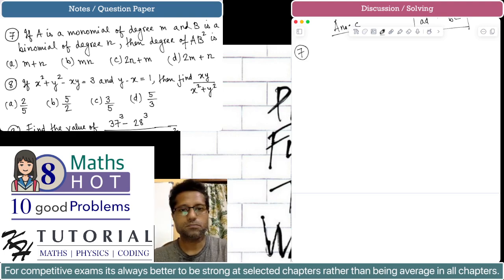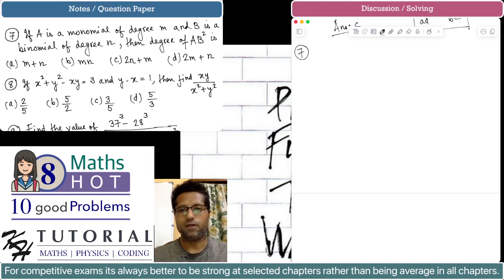And B is a binomial of degree n means that the highest degree of the two terms of the binomial, an algebraic expression having two terms, is n. Then we have to find the degree of AB square, A multiplied by B square.